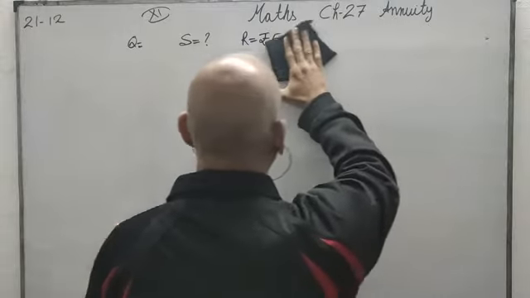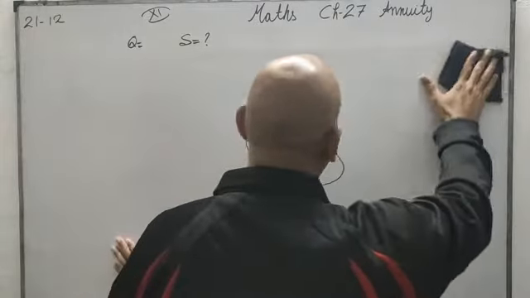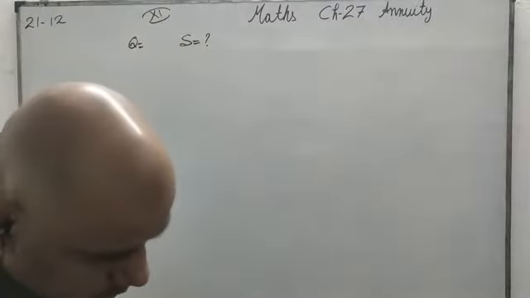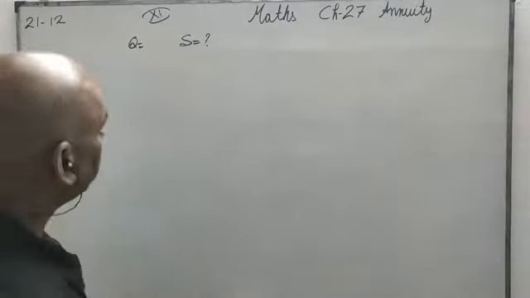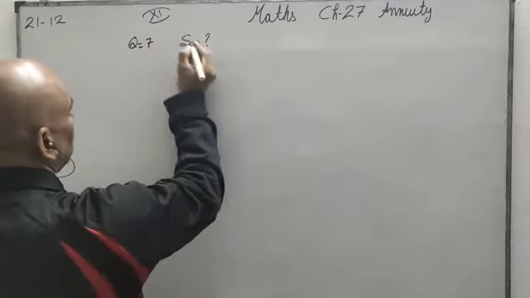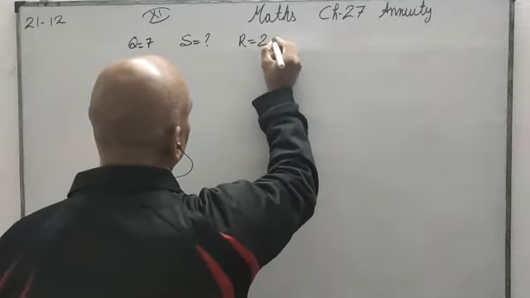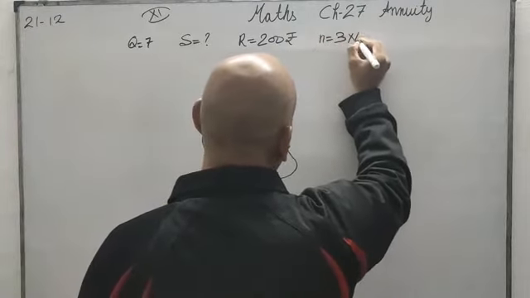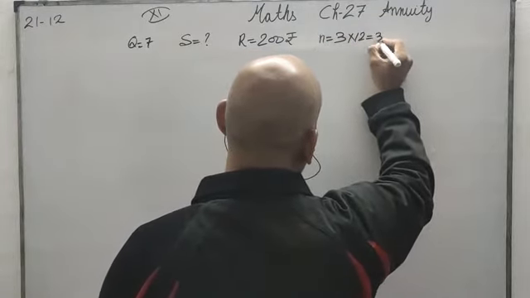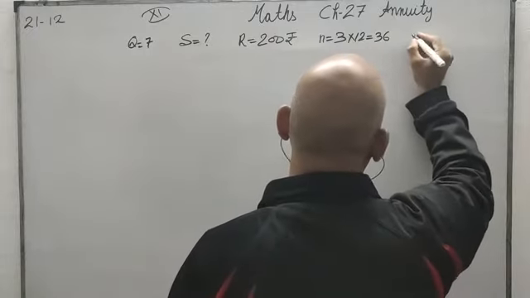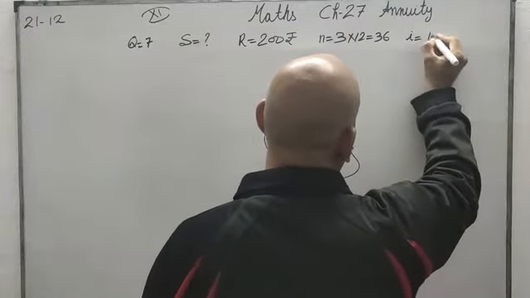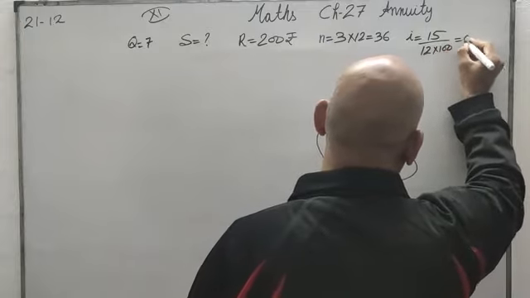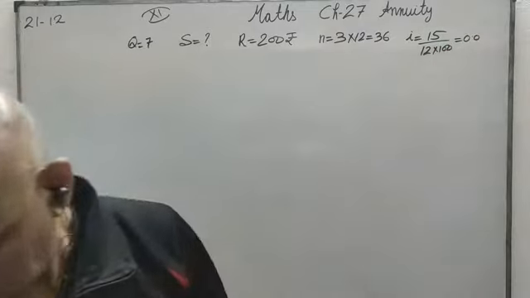Otherwise everything is going to remain the same. R, he is telling us rupees 200, N is 3 years, and since it is monthly, 12 into 3, 36 months will be there, and the rate was given, I think 15%, divided by 12, that is 0.00125.